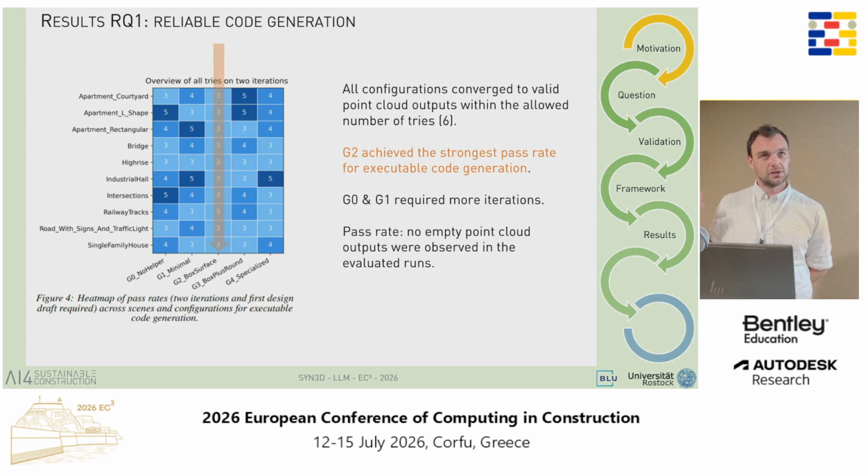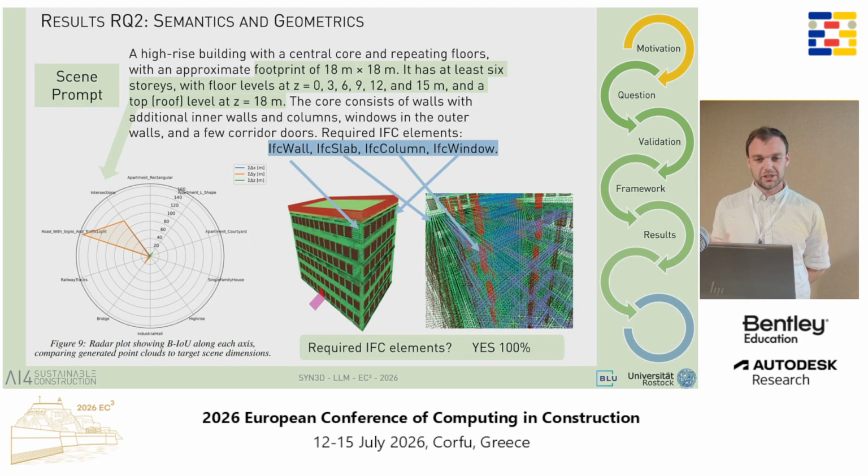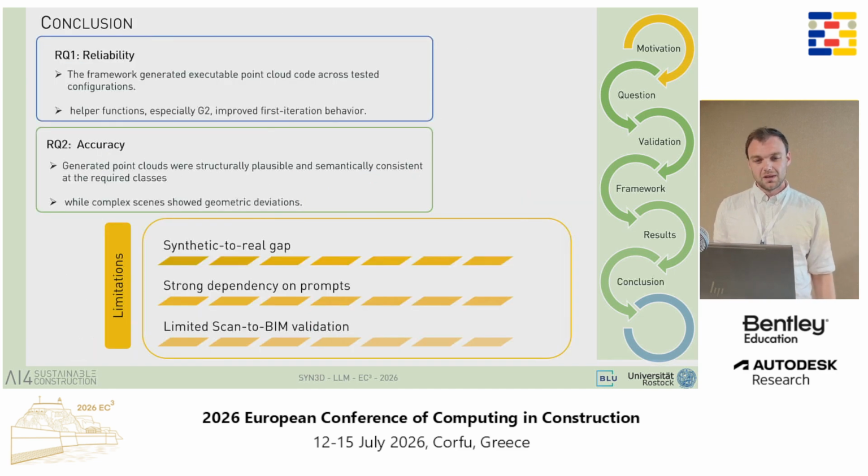So it is a little bit cost intensive, but it works. And then we have the semantic check. The semantic check and geometric check work from the prompt. We have the scene prompt with information for the geometry, and then the required IFC elements we want from the IFC model at the end, and we can check it with the delivered point cloud from the code.